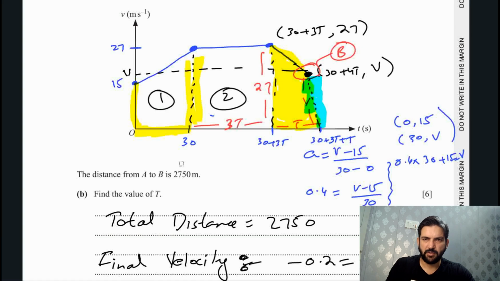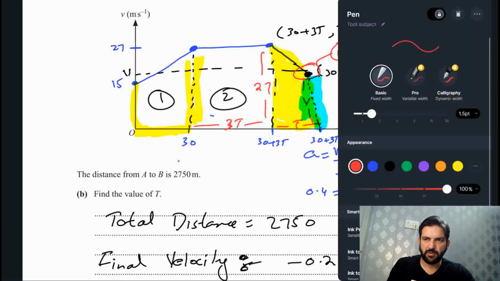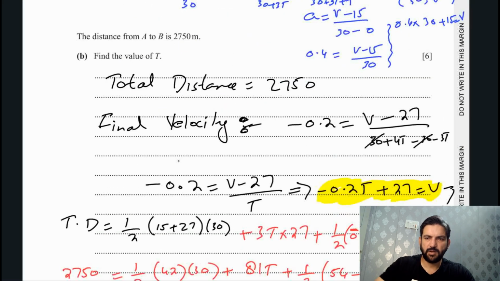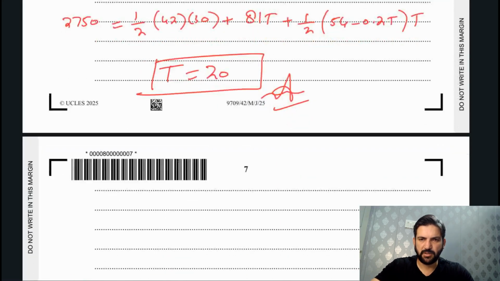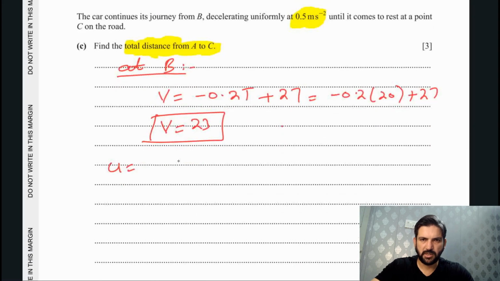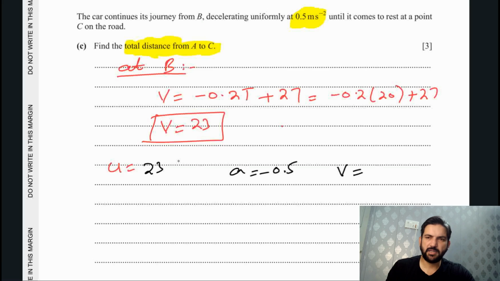For this part, the initial velocity is 23 and the acceleration is given as minus 0.5, and the final velocity is 0 because it comes to rest. We have to find the distance.